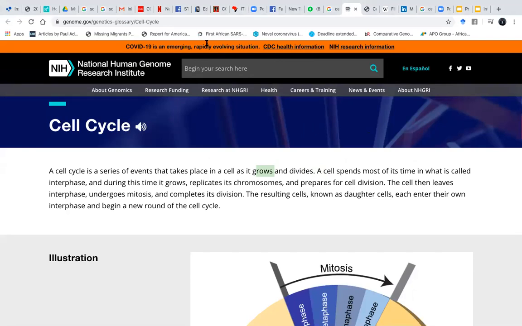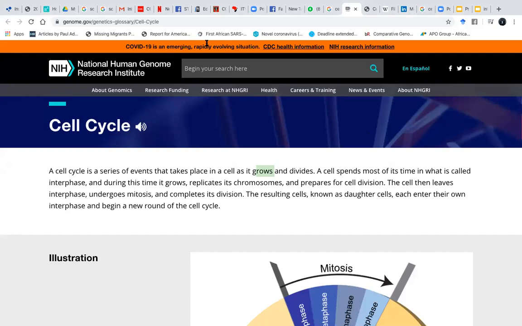So in essence, the cell spends most of its time in what is called the interphase. So interphase is the longest stage in the cell cycle. And at interphase, what the cell is doing is it is growing, it is multiplying, its chromosomes are replicating, and it is preparing itself for cell division.